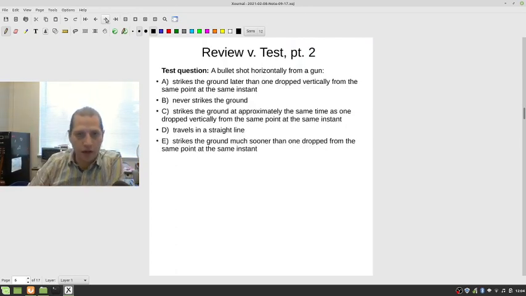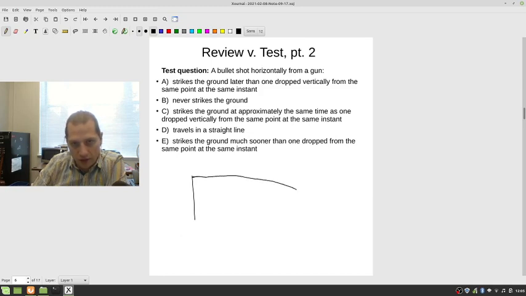So, how did this manifest in your test? Well, I asked this question: a bullet shot horizontally from a gun. Now, here's the story that I want you to see from this: if you shoot a bullet from a gun, it takes more or less this path. And the way that it's going in time, it's going to be going the same amount of distance each second.